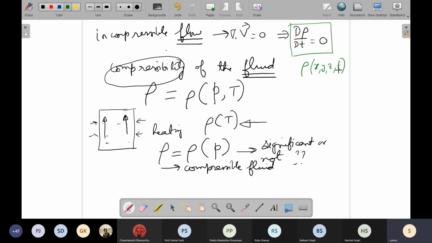The most fundamental question is why the density will change with position and time. It will change because there is a different temperature or a different pressure at a different location, or at the same location at a different time, and that could have led to the density change.